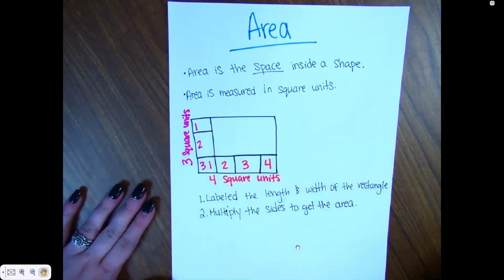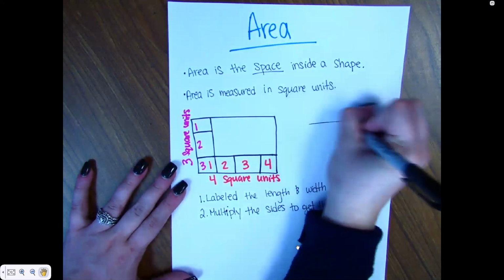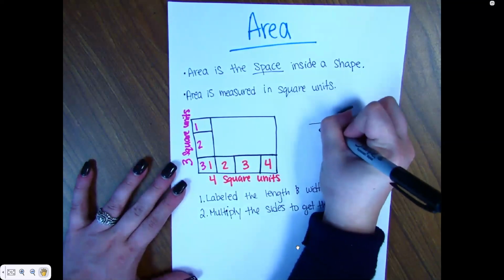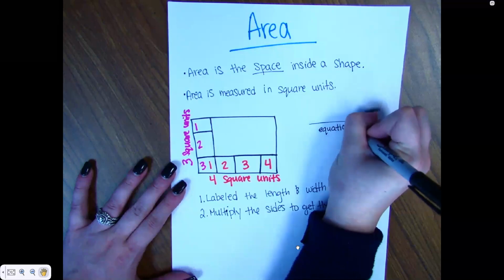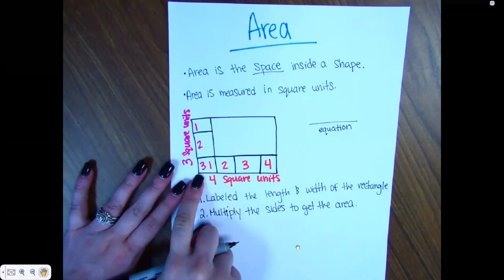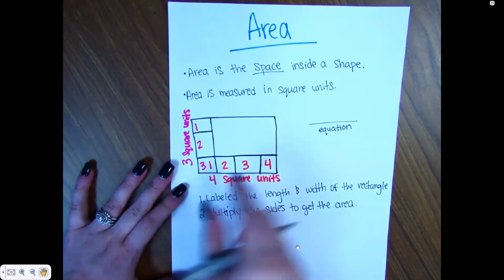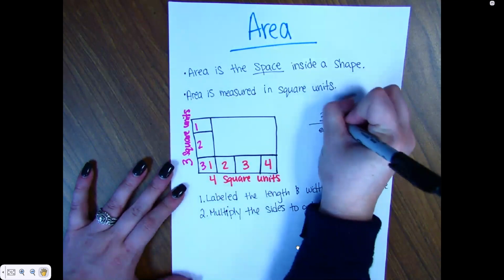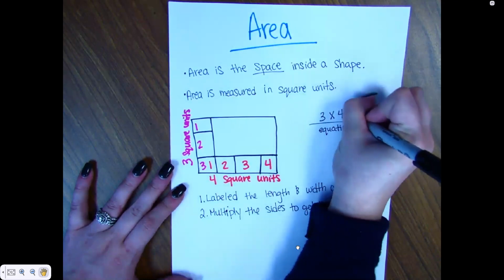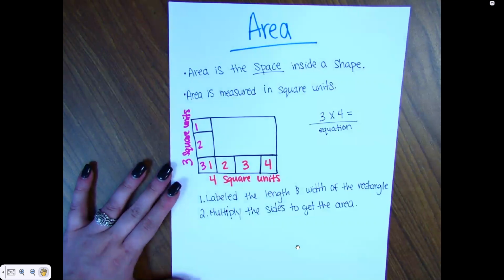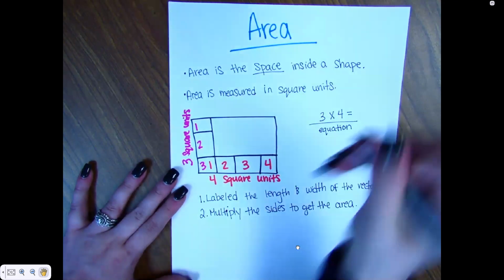Okay, so for this model that I drew, I would take 3 and I would take 4 and I would do 3 times 4 equals, do we know what 3 times 4 is? Anybody? 12. Good job, Holly. 12.